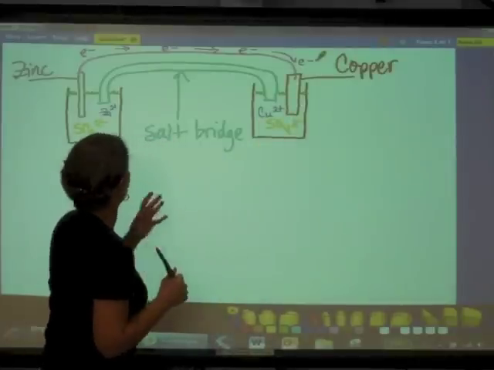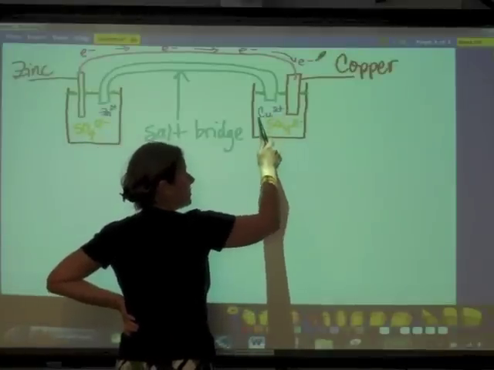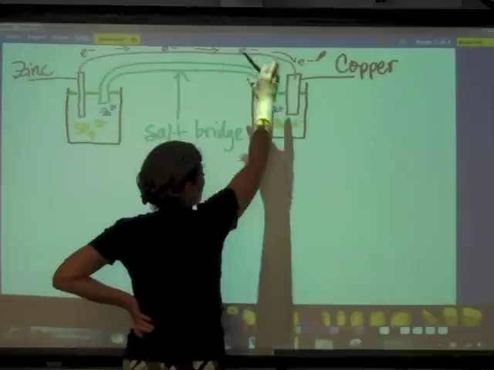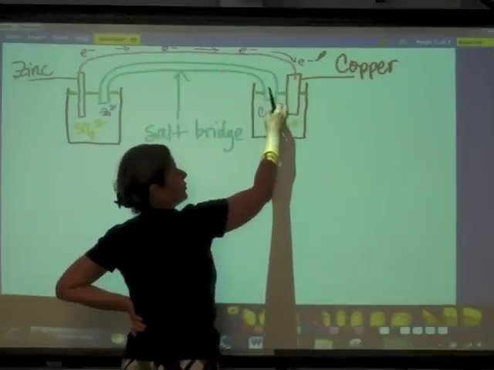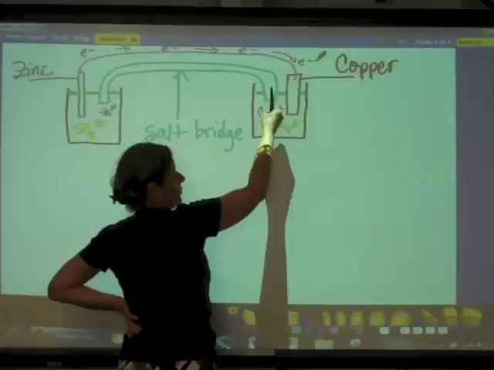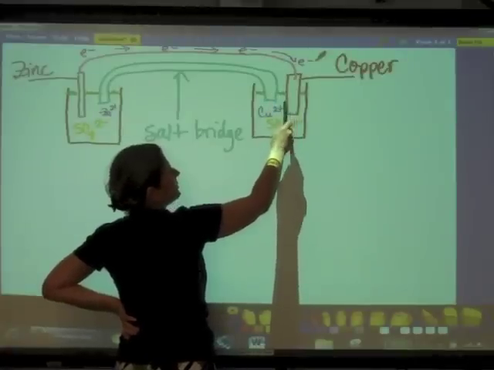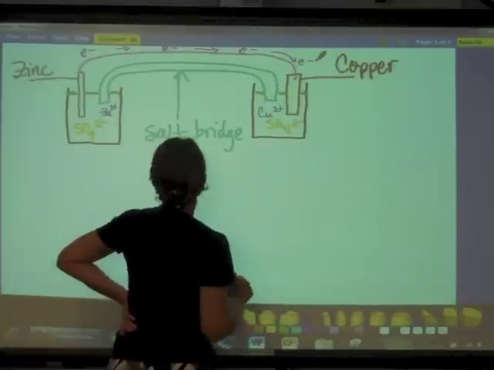Now, what it's actually going to do is, of course, it's this copper 2 plus that's got the pull on these electrons that are going to take the 2 electrons and actually plate, well, not really plate up, but deposit here on this copper metal.